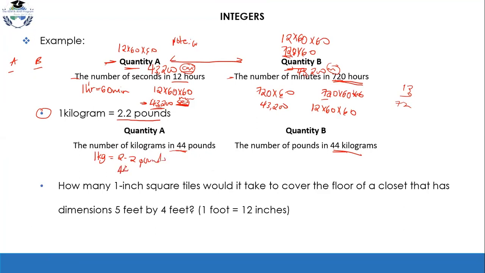That will give me a lesser quantity compared to quantity B, because if I'm converting to pounds, I have to multiply. So that's how I quickly got quantity B. Not sure if I'm right or wrong, but I would go with B. Okay. Anyone with a different opinion?